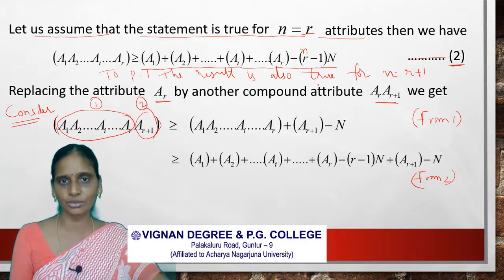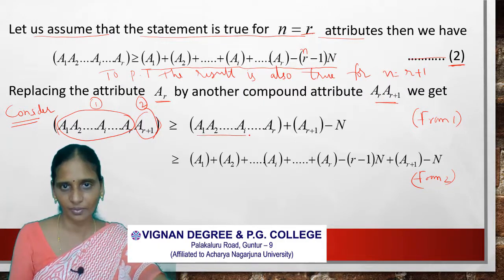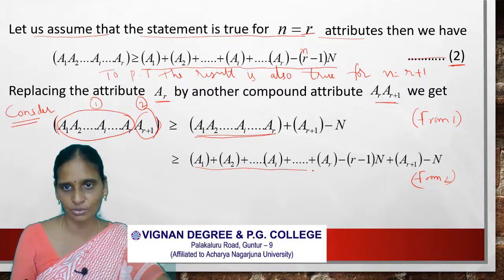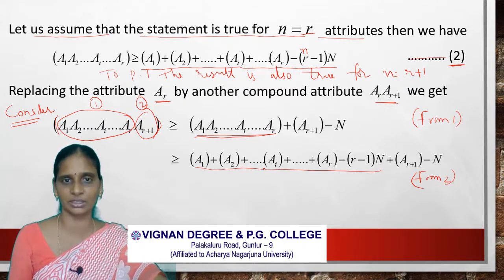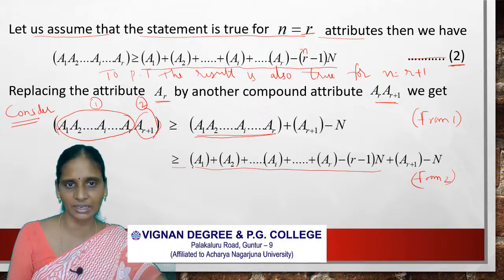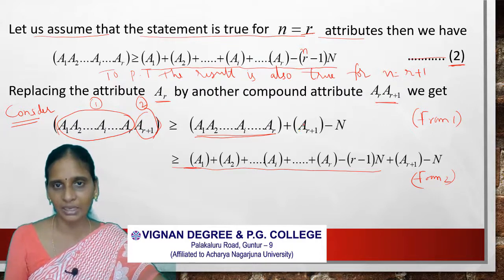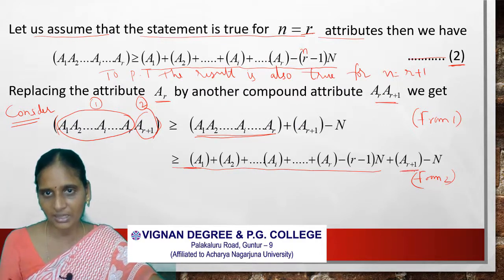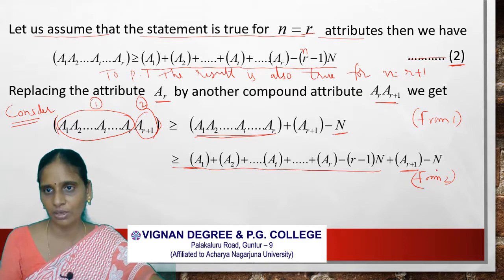So we have to substitute, in the place of the first attribute, those relations from equation 2. So this expression is also greater than or equal to that, and the remaining frequency of ar plus 1 I am writing as it is, and minus n also as it is.